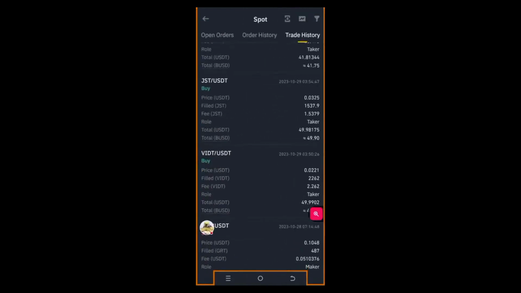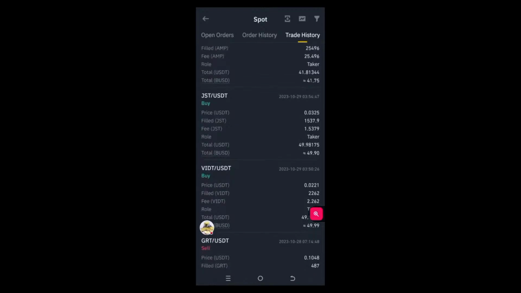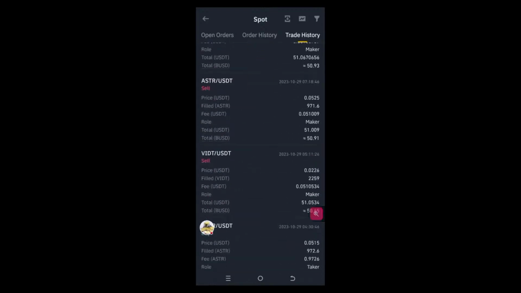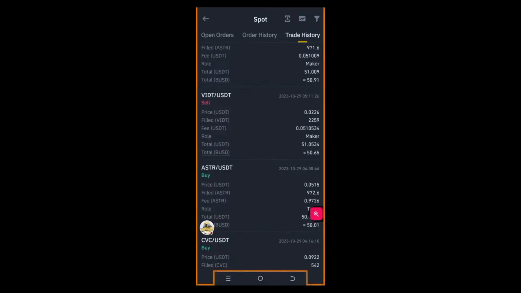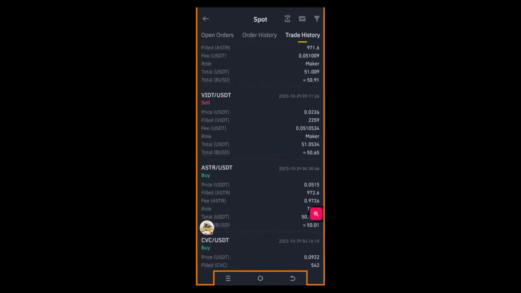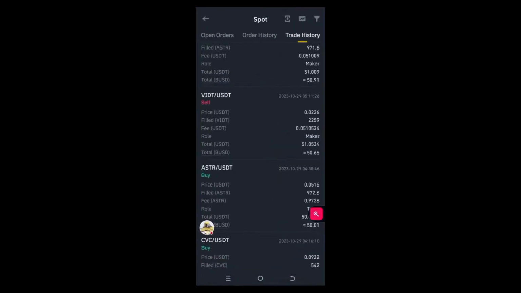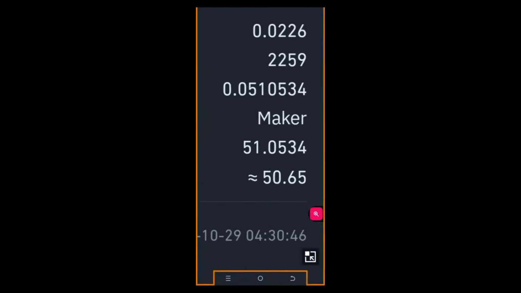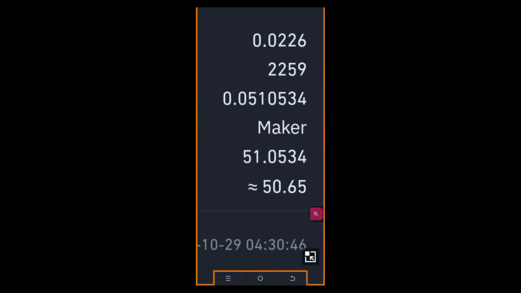That's the price we bought it at, and in terms of executing, we were able to execute it at 0.0226, and that gave us a profit of $1.05. Look at that. That's beautiful.